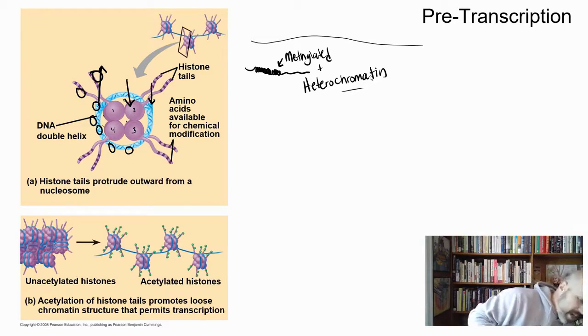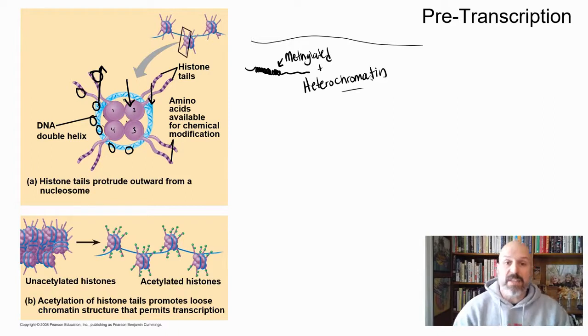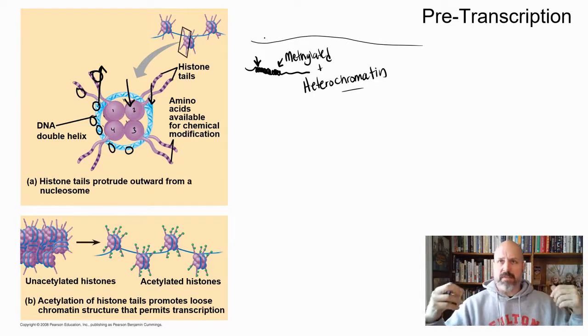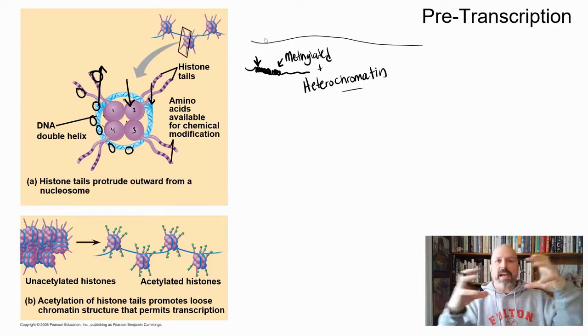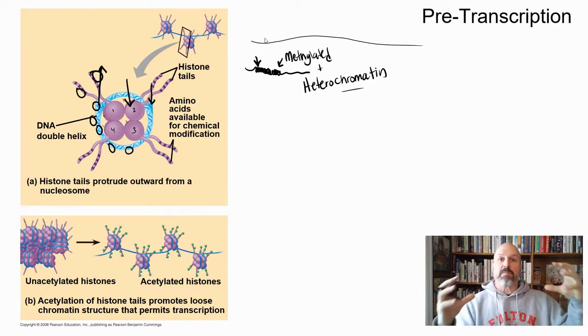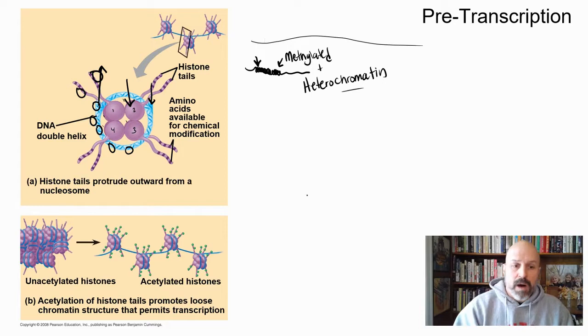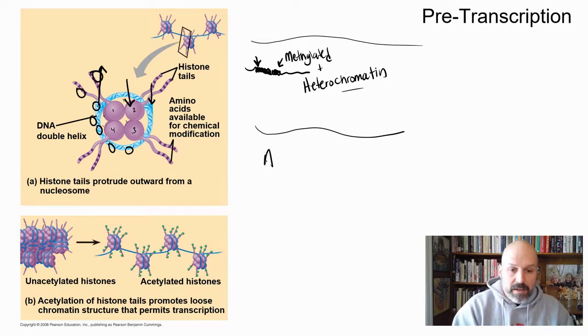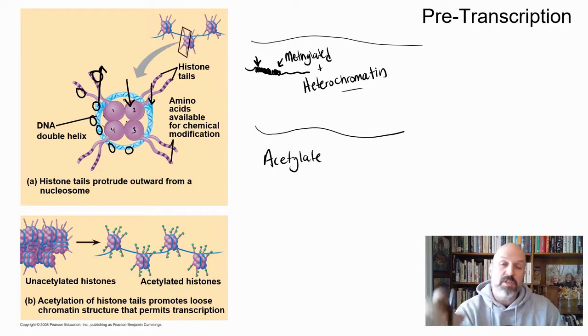The parts that you can't use, or let's say we're inside a kidney cell, we're going to heterochromatin the snot out of the eyeball genes and the liver genes and the stuff that doesn't belong. But we're going to loosen up and allow access to what we call acetylate those histones on the regions we do want read.